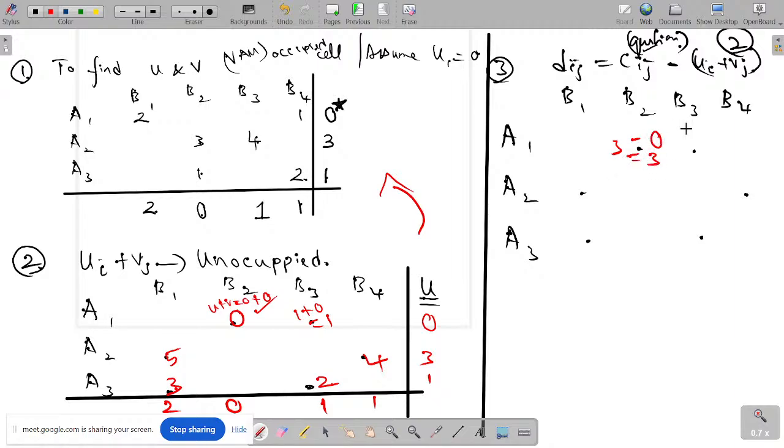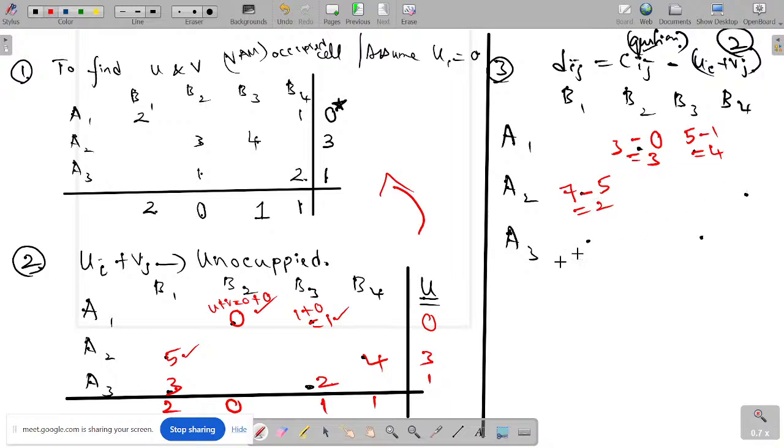Positive, no issue. Then A1 to B3, it is 5 from the question table, minus this 1 I have. So 5 minus 1 is 4. This is also positive, no problem. Then A2 to B1. It is 7 from the question, minus the earlier table value Ui plus Vj 5, which is 2, positive, no problem.